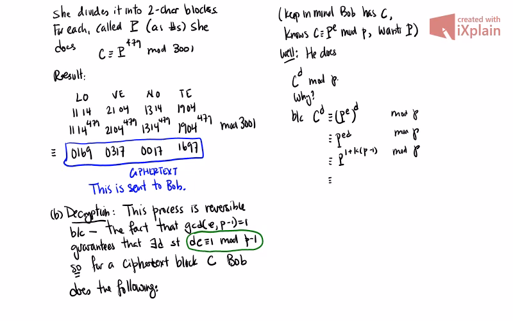Now, this is the same as P to the 1 times P to the P minus 1, all to the K. That's just rearranging the exponents, nothing special there. But here's the kicker: the thing in the parentheses is congruent to 1 mod P by Fermat's little theorem.